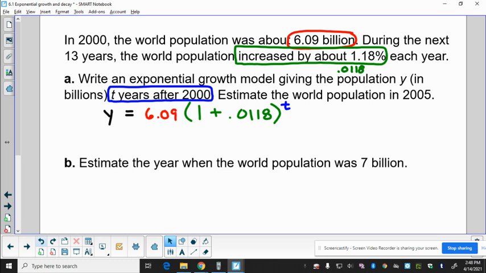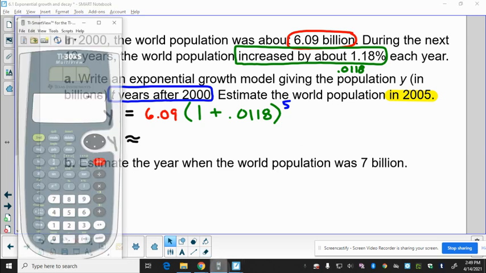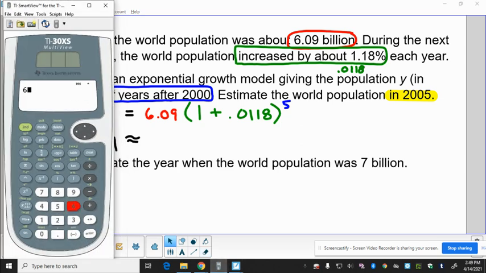Now let's estimate the world population in 2005. So let's highlight that. Well, how many years has it been? Well, that would be 5 years. So what I will do, because we're going from the year 2000, I'm going to make that a 5. And now we are going to get an estimate to this. So the next thing we do is we get our calculator out and we try this out.